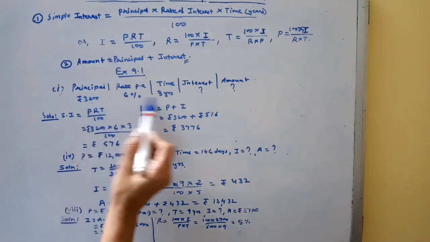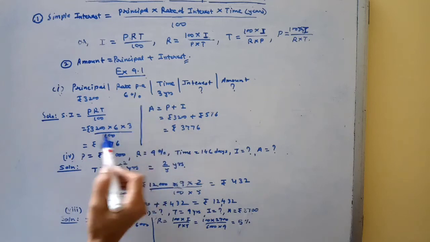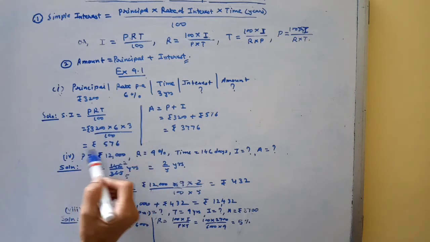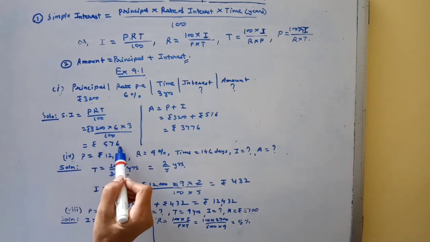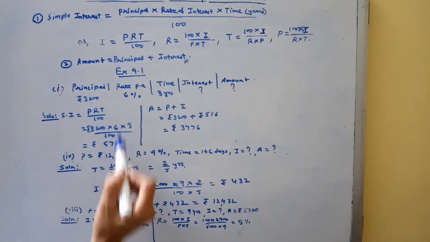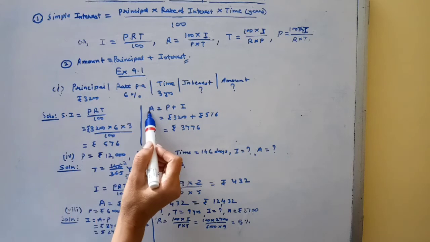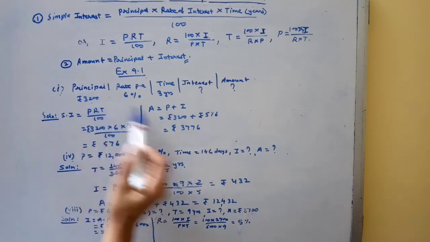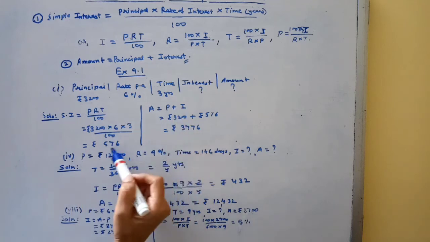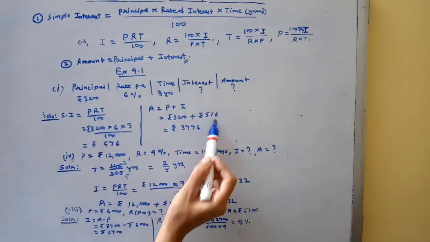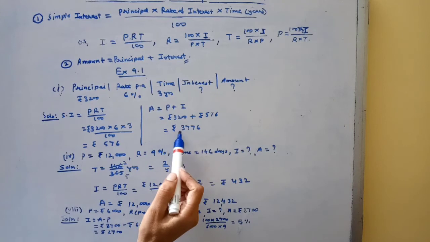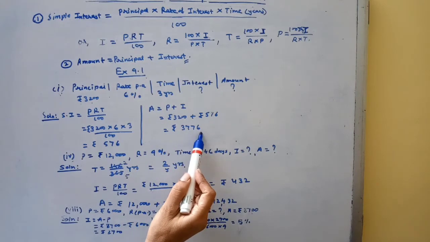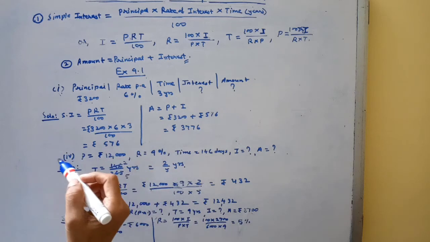We put the values of principal, rate and time in this formula. We will get the simple interest, that is rupees 576. Now using the second formula, amount is equal to principal plus interest. The principal is rupees 3200 and interest is 576. Amount will be rupees 3776.